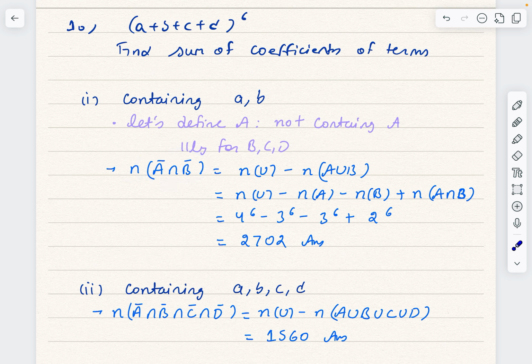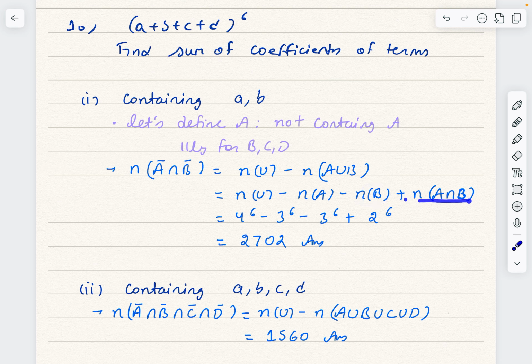Using set theory, we can say it is n of U minus n of A union B. So it will be n of U minus n of A minus n of B plus n of A intersection B. n of U means the total sum of all the terms, that is the sum of coefficients of all the terms. That will just be 4 power 6, putting all of them as 1. n of A means it should not contain a, so put a as 0, rest all 1, so 3 power 6. n of B, put b as 0, all others 1, 3 power 6.